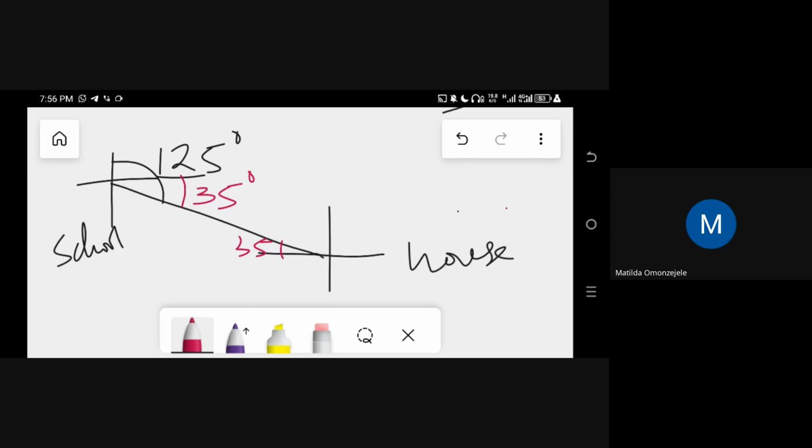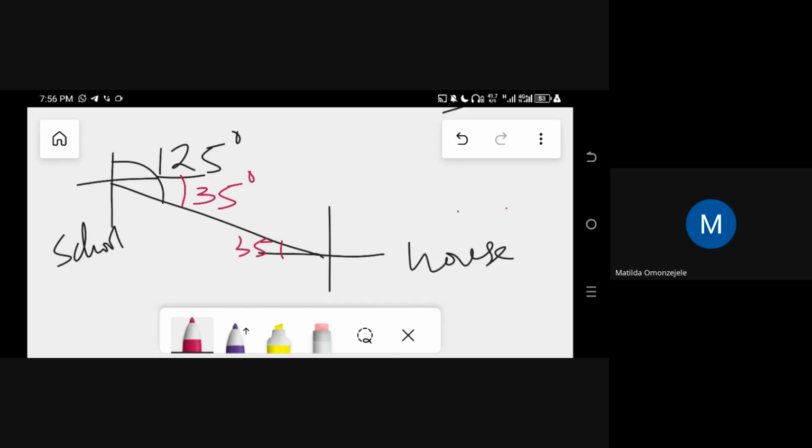That is the alternate angle to your 35 degrees at the school. That's how you get alternate angles between transversal lines. If that place at the school is 35 degrees, this other side at the house, which is alternate to that particular point, is also 35 degrees. This is from your JSS2.